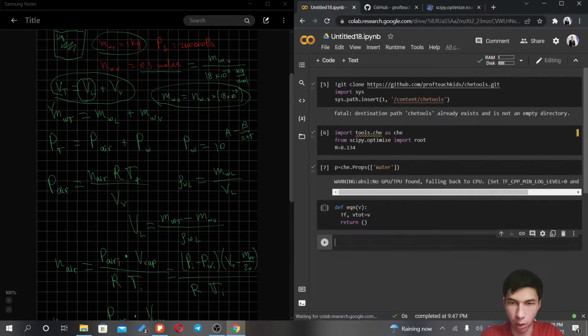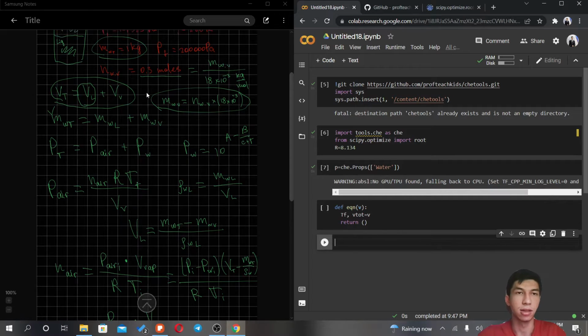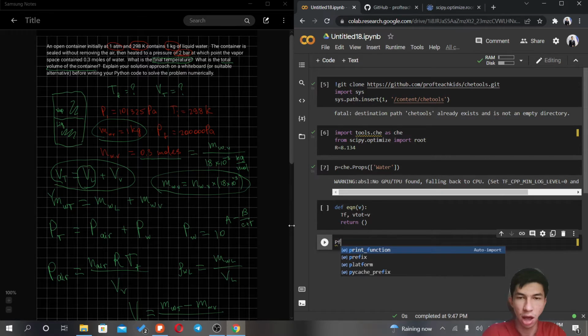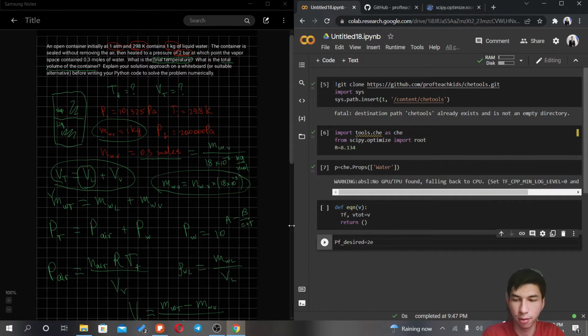here. If I add a code here, we know that the final pressure of the system should be 2 bars, and we know that the final amount of the water in vapor state must be 0.3 moles, right? So we can say that we want our pressure final desired to be 2 raised to the power 5, right?